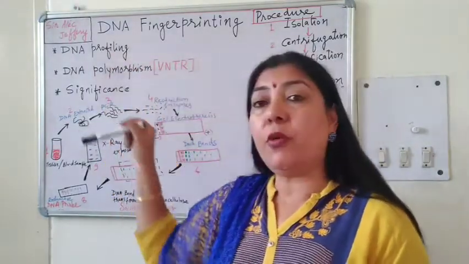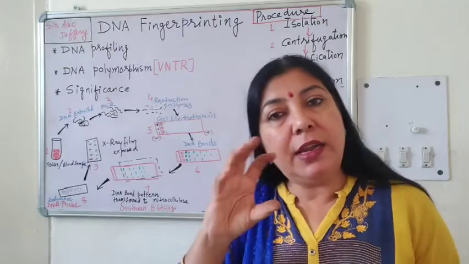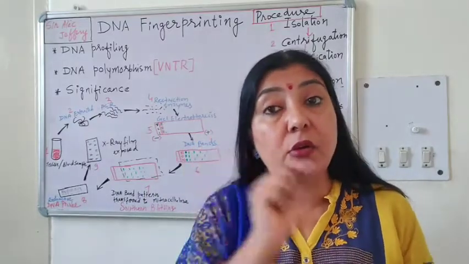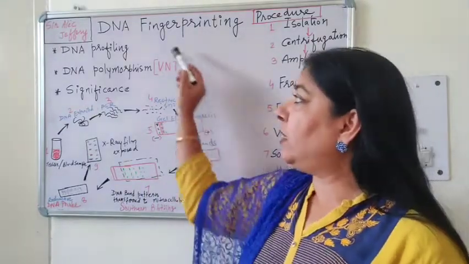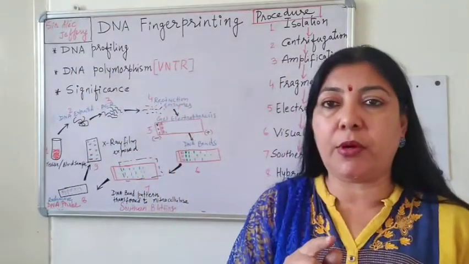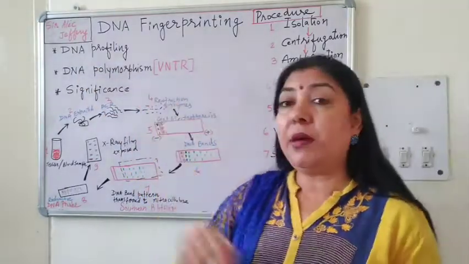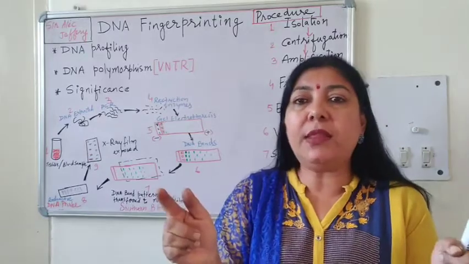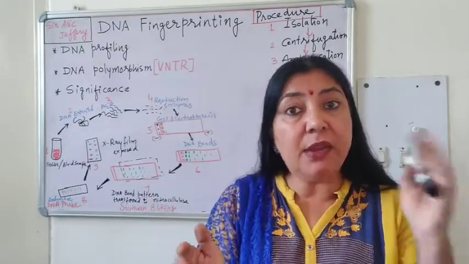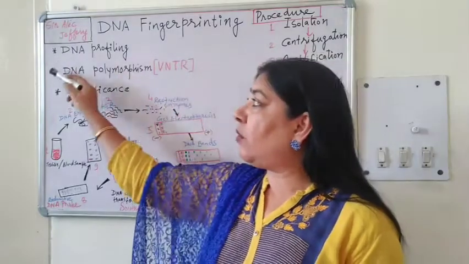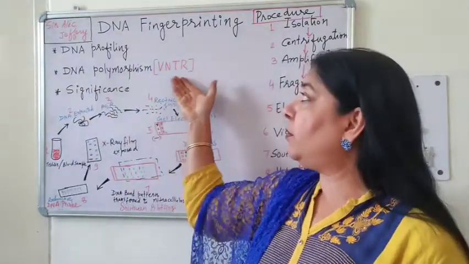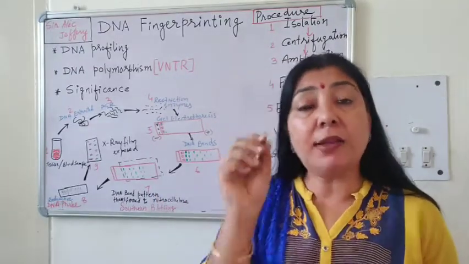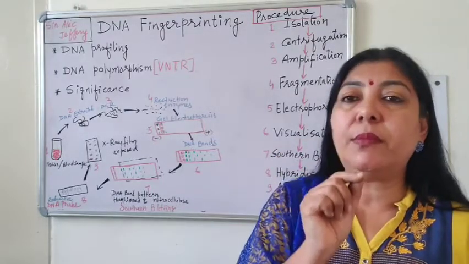That's why DNA polymorphism is based on differences in these repetitive sequences at specific loci of the DNA. Okay, so this DNA polymorphism concept is very important. Again, I am repeating, DNA polymorphism is a type of variation shown by the repetitive DNA at certain locations. So, the concept of DNA polymorphism is based on variable number tandem repeats which are specific for a particular person.